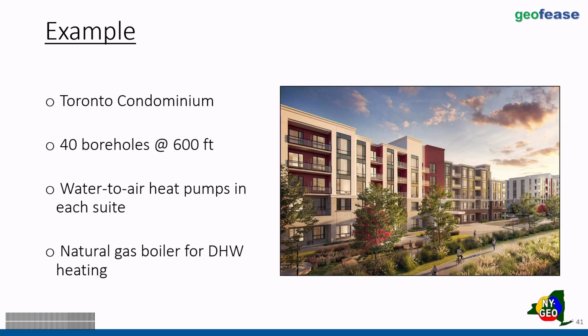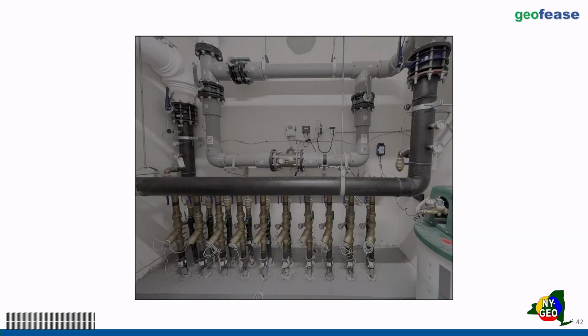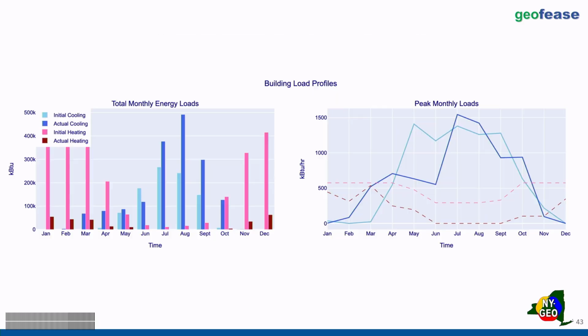And here's an example of that, where we have a condo in Toronto. We have 40 bores at 600 feet below grade, water-to-air heat pumps in the suites, and a natural gas boiler for domestic hot water heating. I have a flow meter for flow rate and 2 temperature sensors for our temperature differential. Delta T and flow, we can get our energy, or that's how you get BTUs.